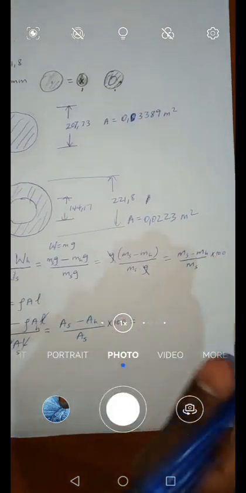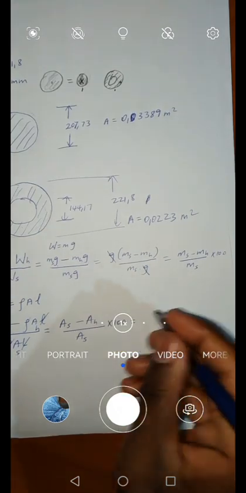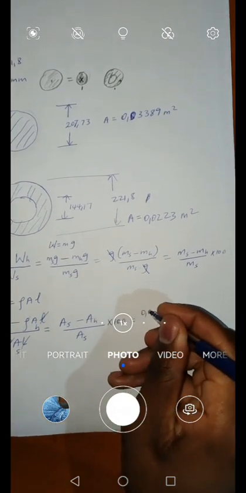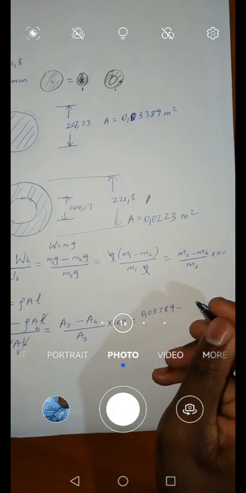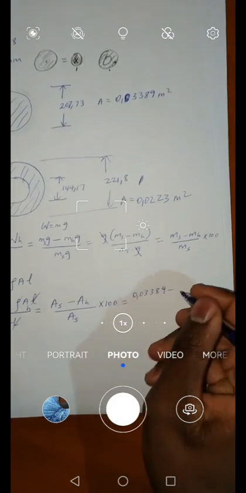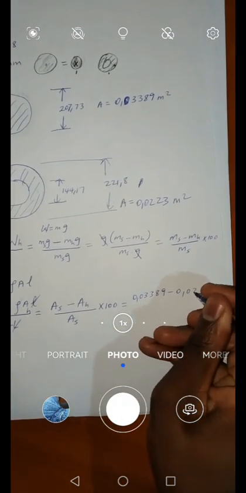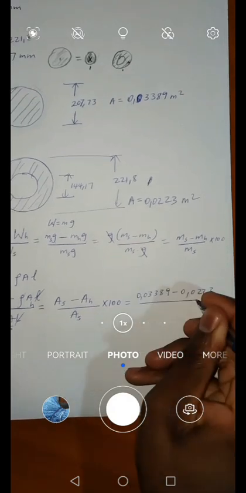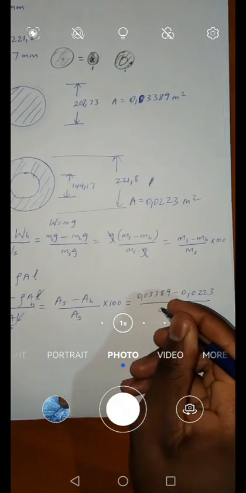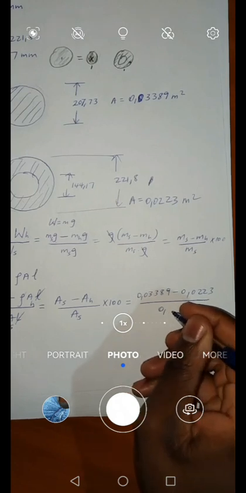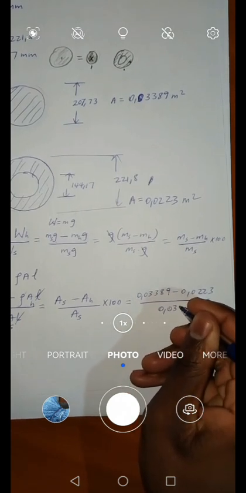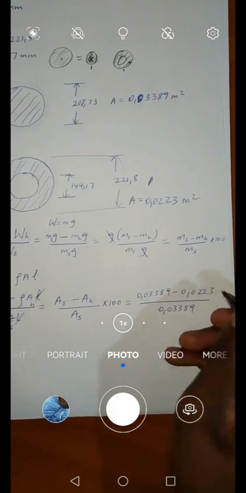I've already calculated these areas before. I said that the area for the solid one is 0.03389 minus the hollow shaft 0.0223, over 0.03389, multiplied by 100.